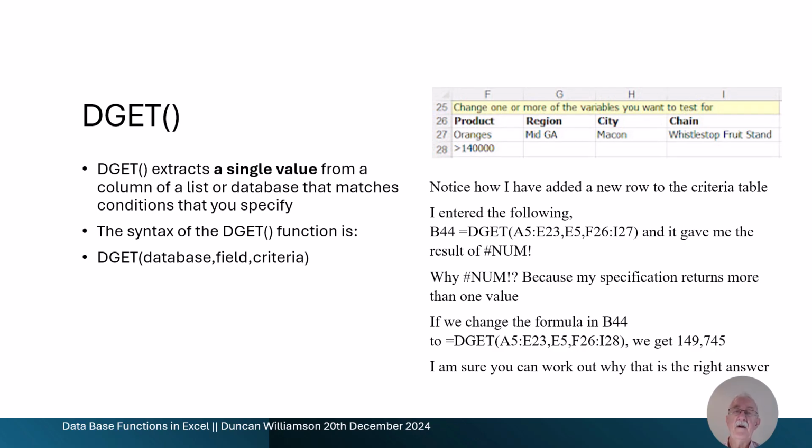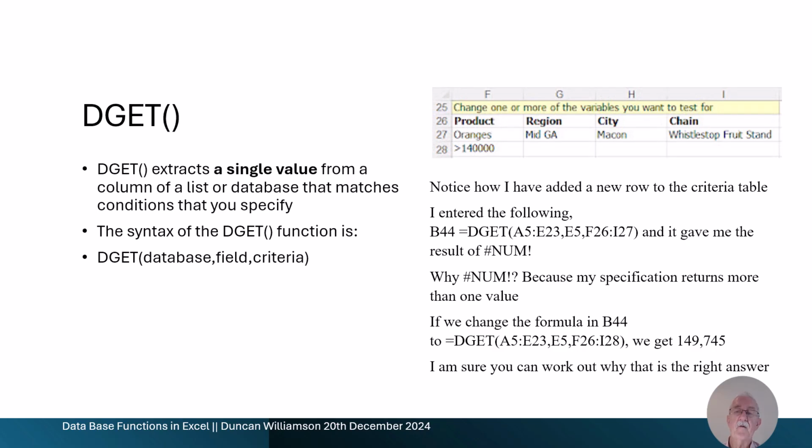Notice now, in this example, I've added a new row to the criteria table. I entered the following, and then I entered the following, B44 equals DGET, and it gave me the result of #NUM, a number error. Why? Because the specification I'm just talking about there returns more than one value.